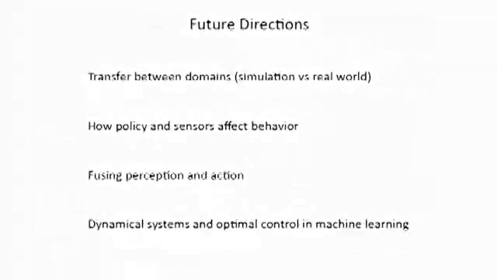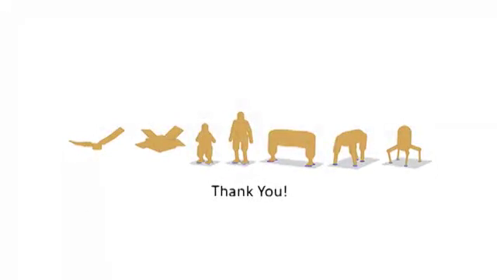And in the future, we'd like to be able to transfer the work across domains, in particular, do more work on applying this in the physical world, study how sensors affect the behavior, and use more rich sensory information such as visual input. So thank you.